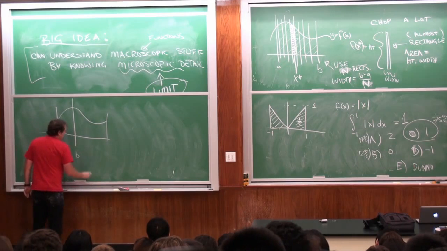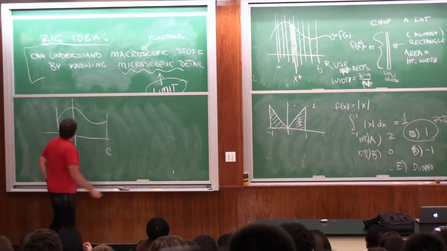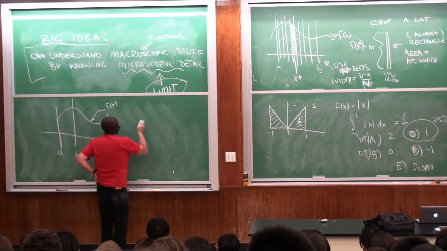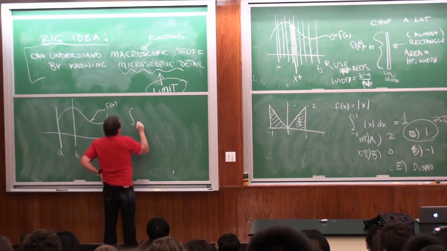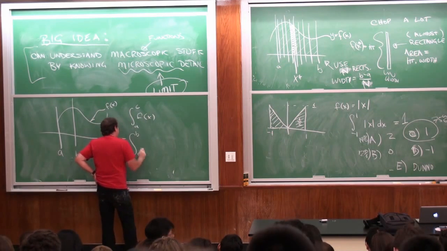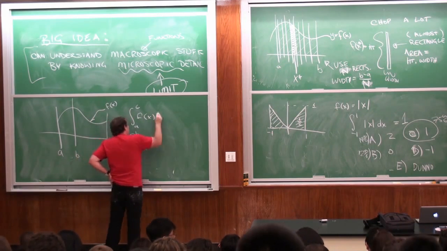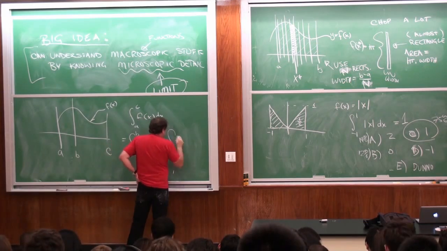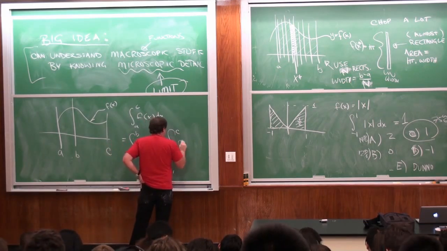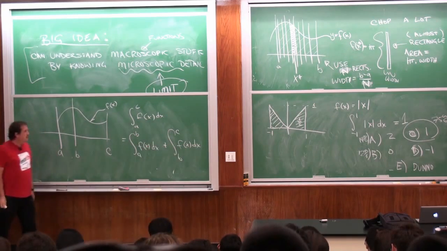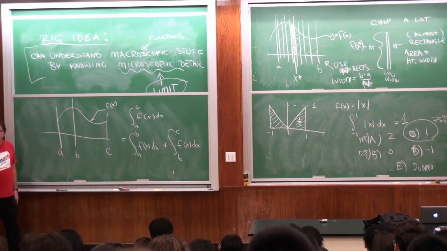So this is A, this is B, and this is C, and this is f of x. Then, for sure, the integral of f of x from A to C is the same thing as the integral from A to B, plus the integral from B to C. Right? We can break up integrals.